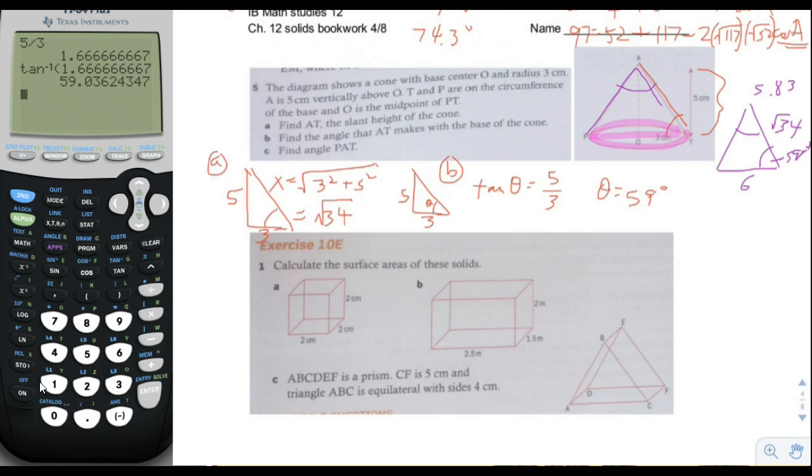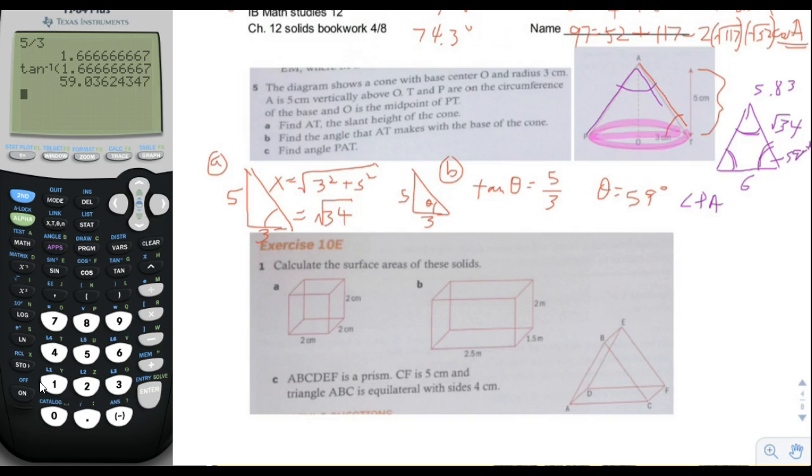Okay, and so we want to know the angle here at the top. Actually, we can figure this out without using anything like the law of cosines, right? Because you can see that the bottom two angles are both 59 degrees because it's a cone, right? So the top angle would have to be the angle PAT.